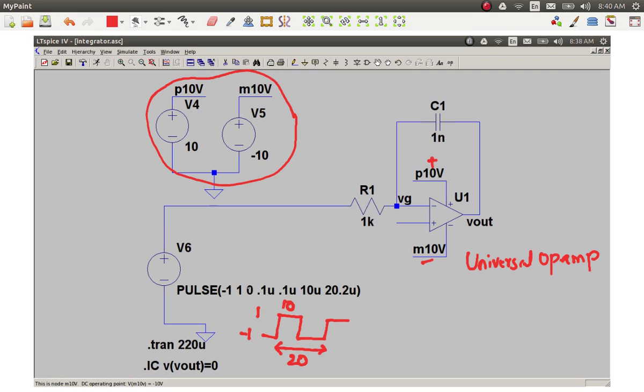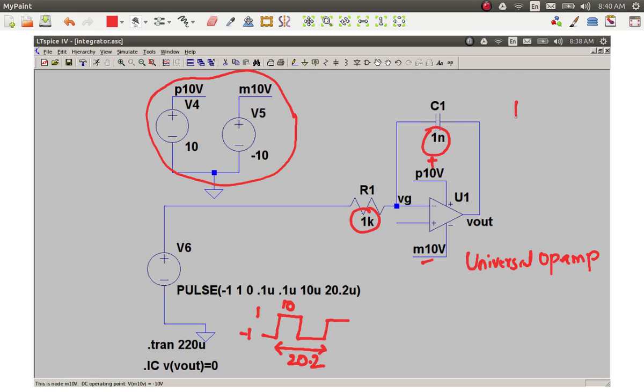There's no delay. The rise and fall time are small, 0.1 microsecond, stays up for 10 microseconds, and the whole period is 20.2 microseconds. So the resistor I have put is 1 kilo ohm and the capacitor is 1 nanofarad.